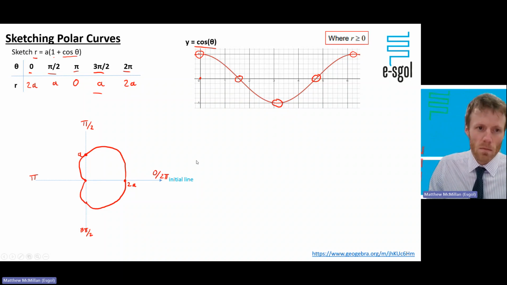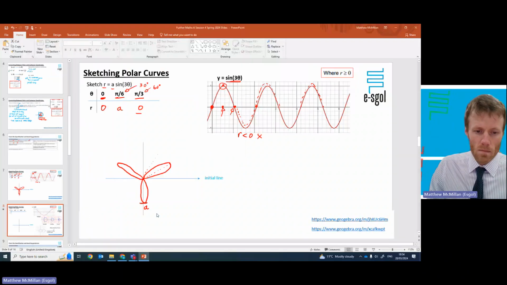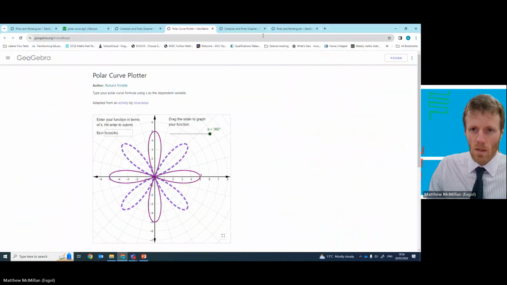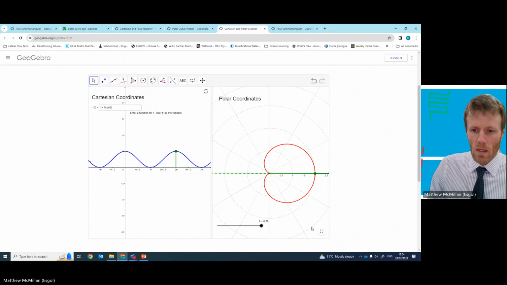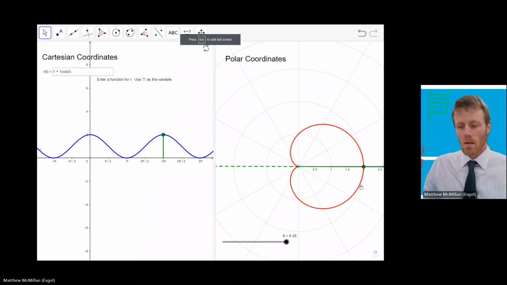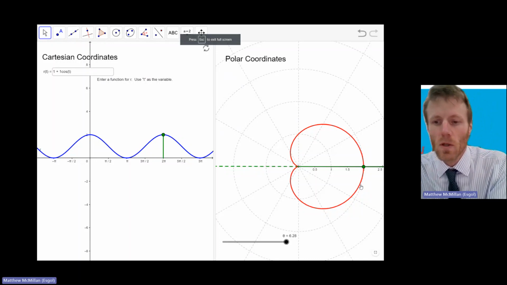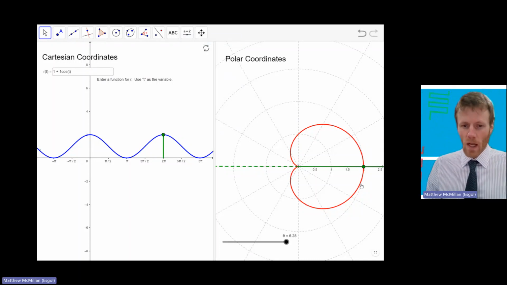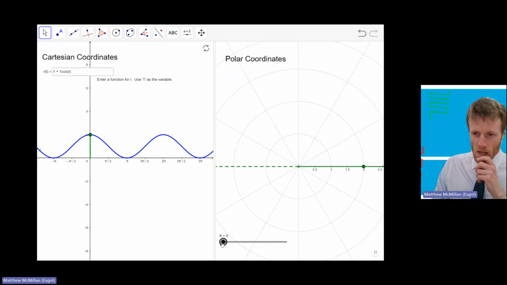So let's have a look. It's this one here. Now that looks a lot better than my one. We'll just run through it so you can see how it's drawing it.